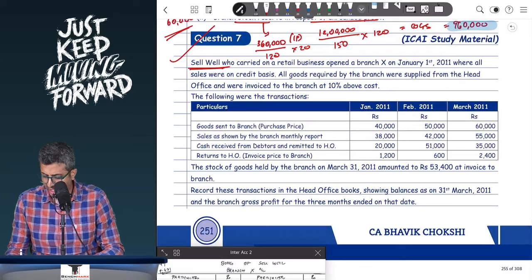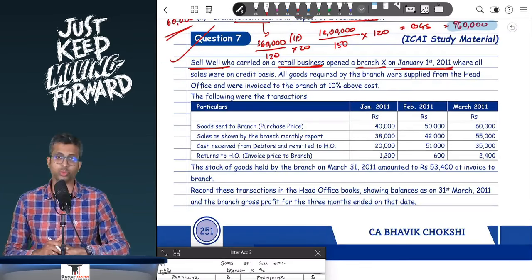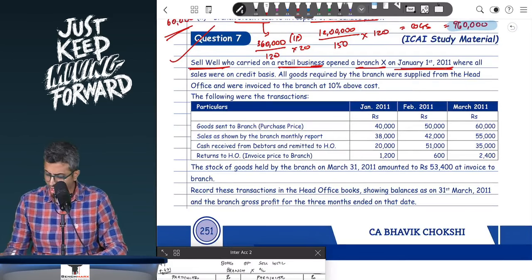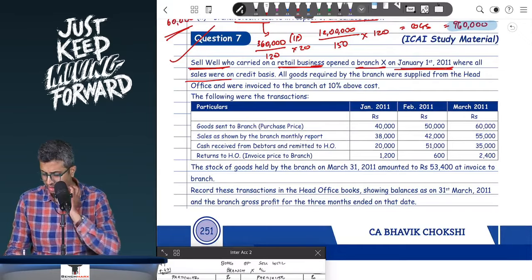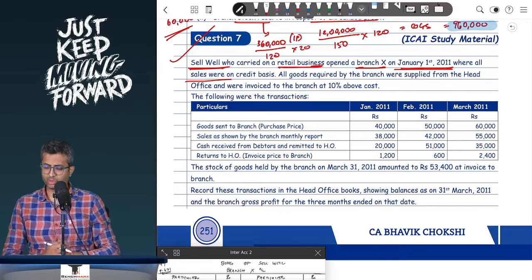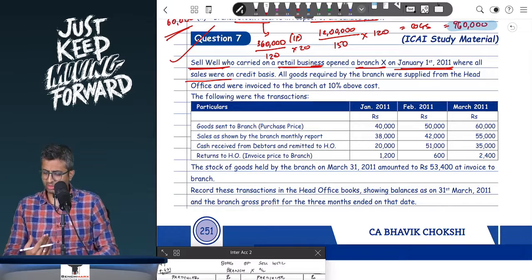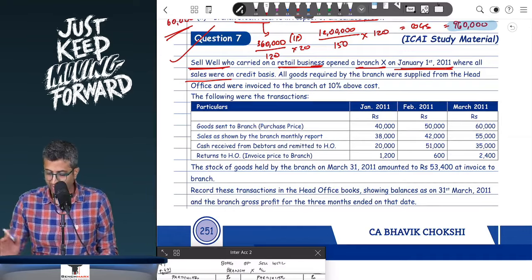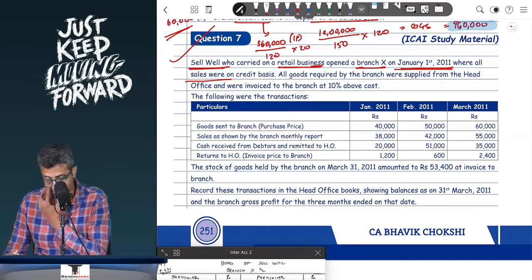Selwell, who carried on a retail business, opened a branch X on 1st of January 2011, where all the sales were on credit basis. So what is Selwell doing? Retail business opened a branch on 1st January, where all sales were done on a credit basis.